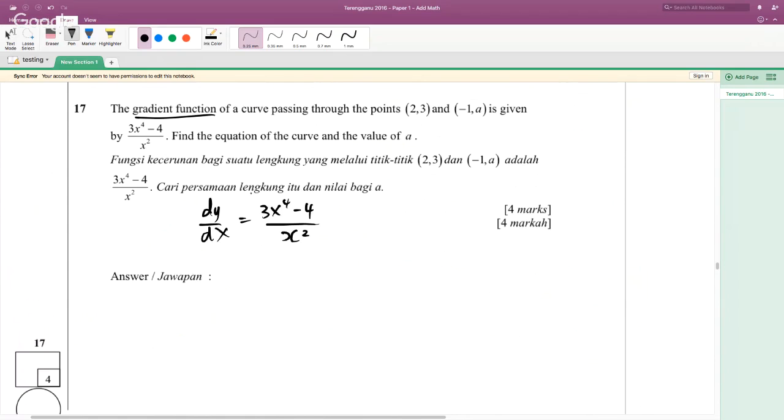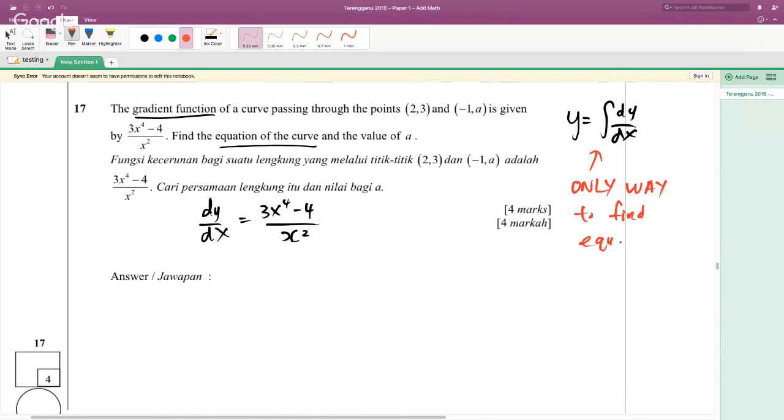The question asks you to find the equation of the curve and the value of a. I say in almost all the videos, there's only one way to find the equation of the curve, which is you have to integrate dy/dx. Integrating dy/dx is the only way to find the equation of the curve.